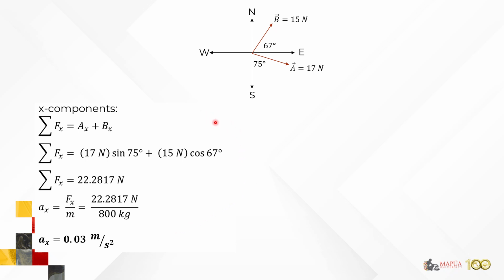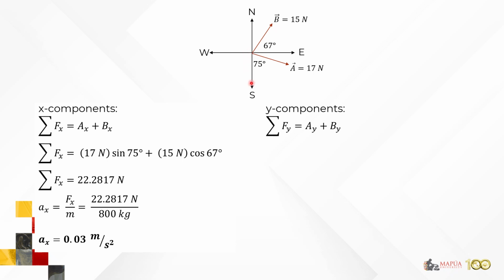For the y component, I would encourage you to try on your own so that you know how to do it. Try to pause this video. So to show you the answer for the y component, again, the summation of F sub y is equal to A sub y plus B sub y. Before we continue, be mindful of our directions.